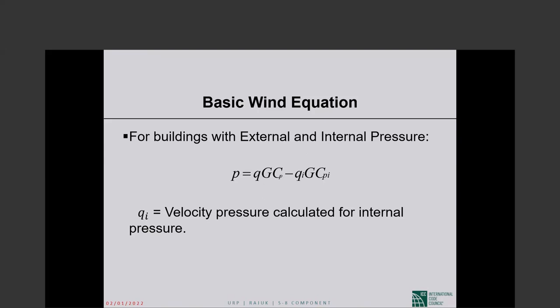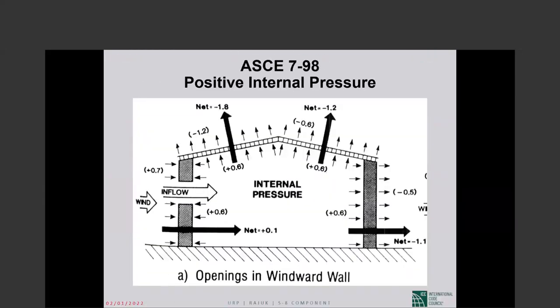Most applications we take Q sub I equal to Q sub H, the velocity pressure evaluated at the mean roof height level. You have to read up ASCE 7, that is not always permitted, but most applications, that's what we do. Q sub I equal to Q sub H. And remember, G times C sub Pi is taken positive as well as negative.